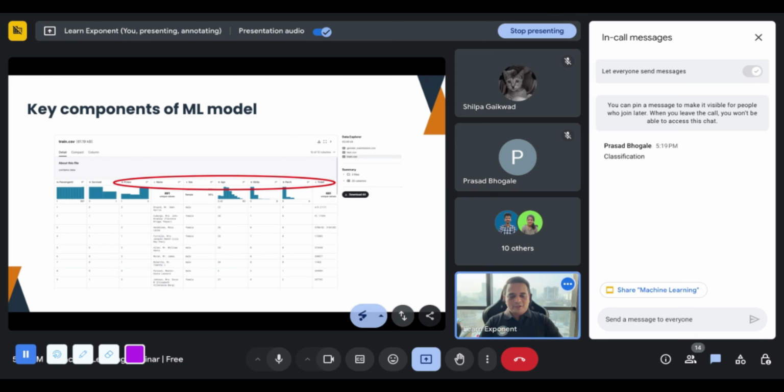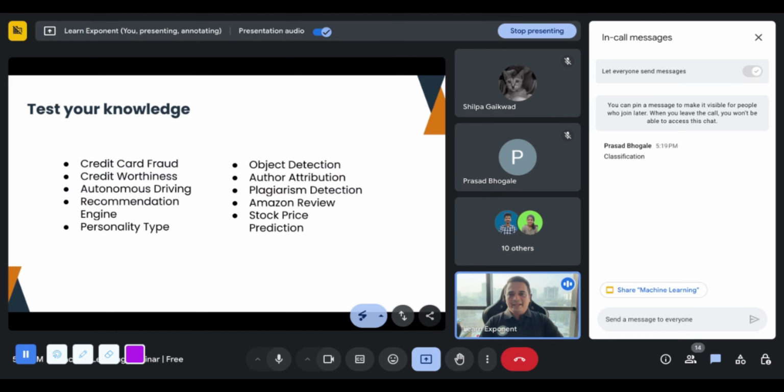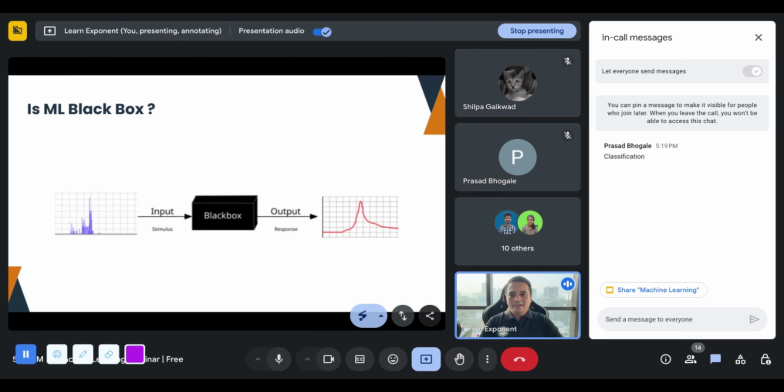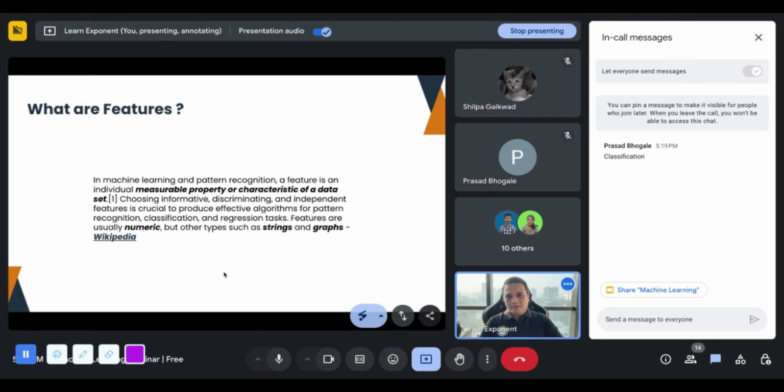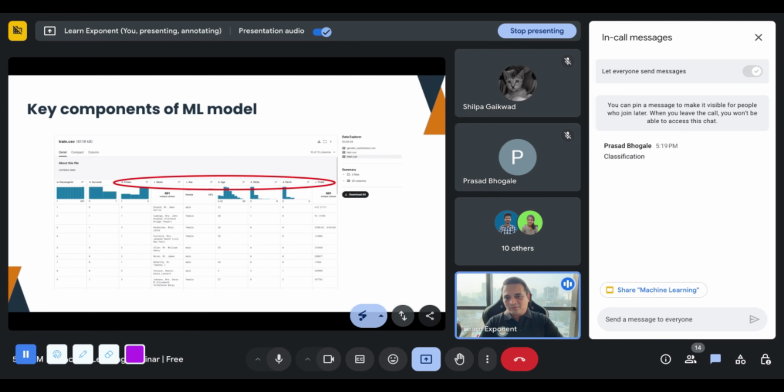Now we talked about three key components of a machine learning algorithm, right? Specifically, you have your inputs, you have your outputs, and in between sits the machine learning algorithm. So the data set you're looking at right now is from the Titanic problem that I just mentioned. If you look at the columns, you have your passenger ID, you have the target variable, whether they survived or not, and then you have a whole bunch of features, right?